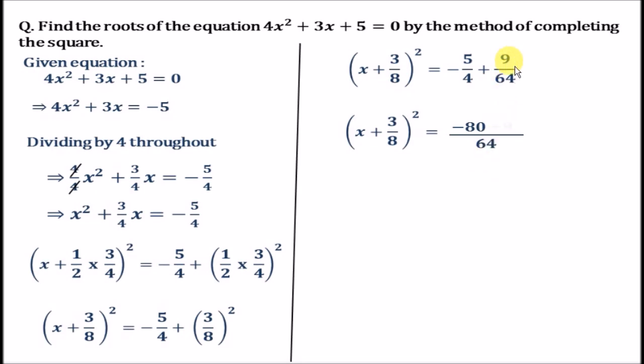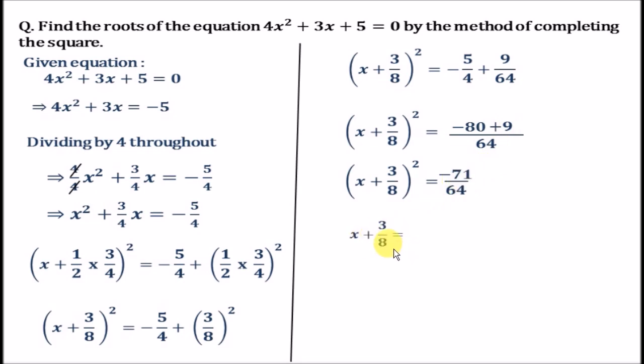On multiplying with 1, we will get 9 ones are 9. That is x plus 3 by 8 whole square equals to (minus 80 plus 9) by 64. Here the bigger number is 80, so the final sign will be minus. So 80 minus 9 will give us minus 71.